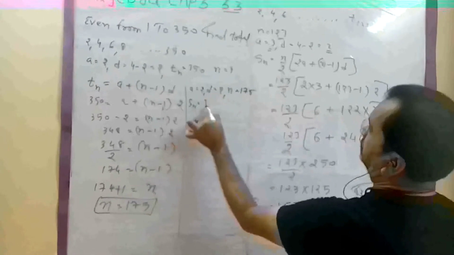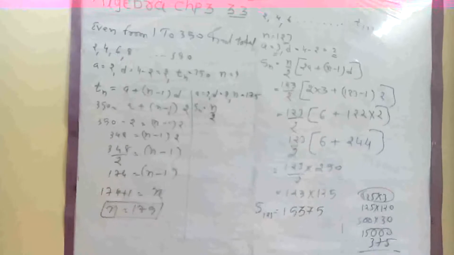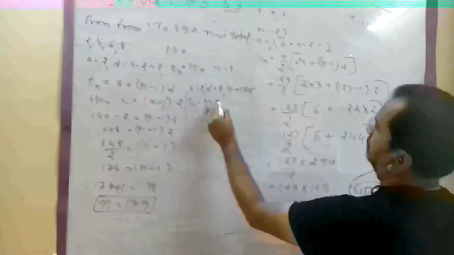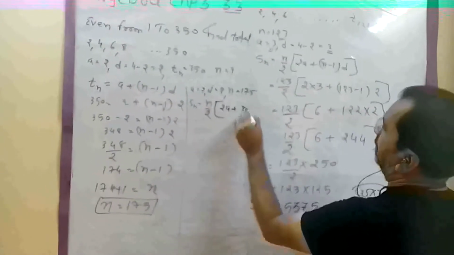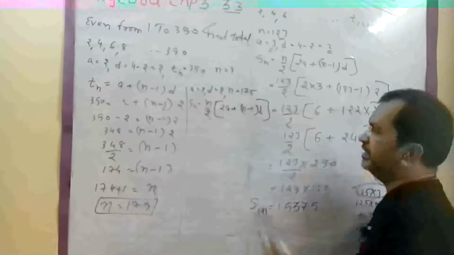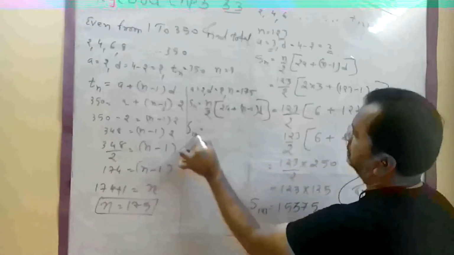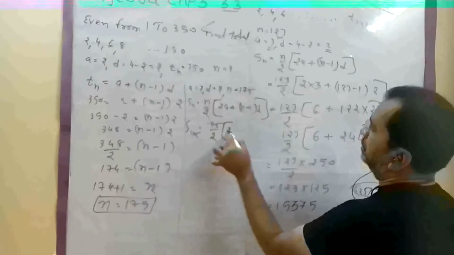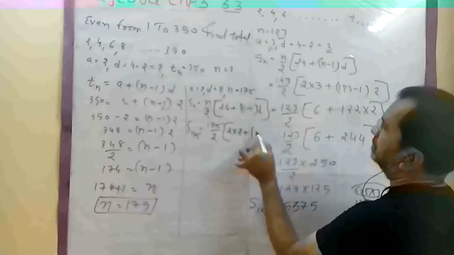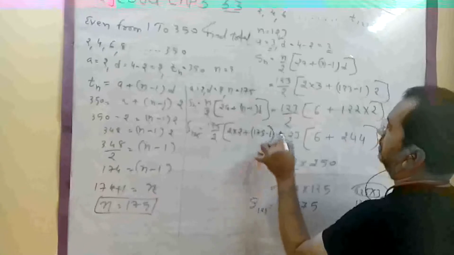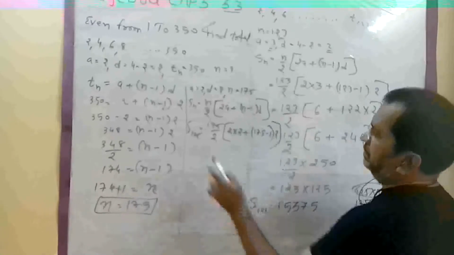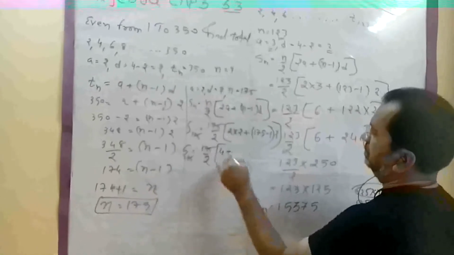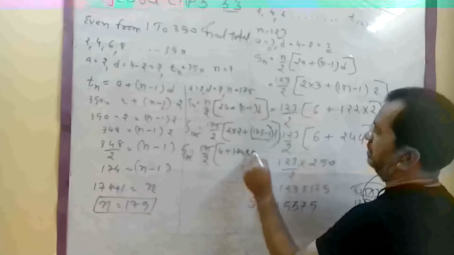So Sn is equal to n by 2, 2a plus n minus 1 d. So S175 is equal to 175 by 2, 2 into 2 plus 174 into 2.